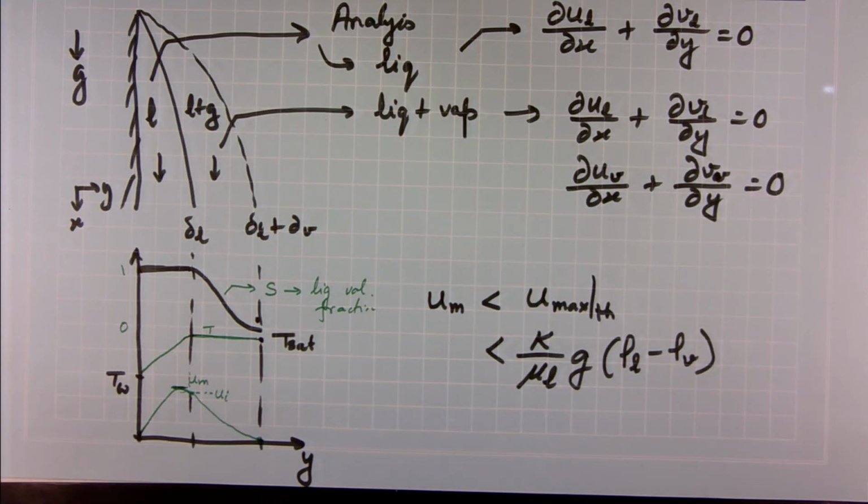Similarly, for the Navier-Stokes equation, you will still have u du dx plus v du dy equal to minus 1 over rho dp dx plus g rho L minus rho v, and dp dx again comes from your Darcy.